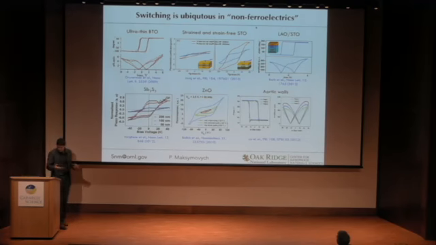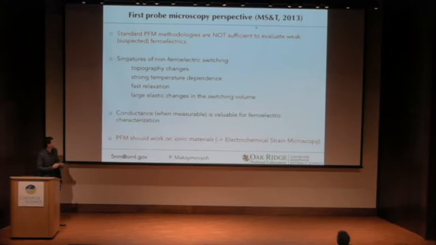We realized this early on, and in 2012, I gave my first probe microscopy perspective on this topic, saying that standard PFM methodology is not quite sufficient to evaluate weak or suspected ferroelectrics, and we have to do something else about it. At the time, and we're still very interested in this, as you'll see in the end, we also surmised that something like PFM should work on ionic materials.